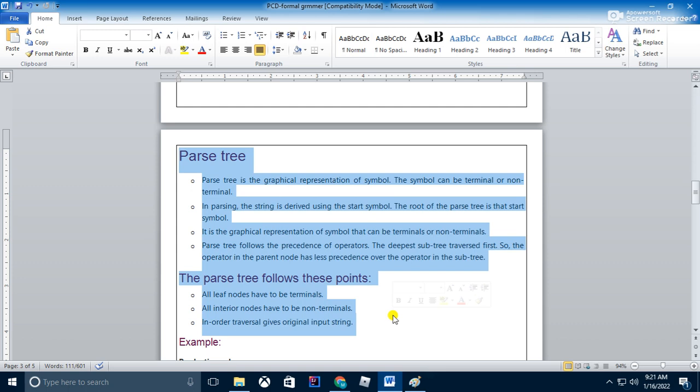Basically parse tree is the representation which is used in the syntax analyzer of the compiler phase. The input to the syntax analyzer is the set of tokens, and the output from the syntax analyzer is the parse tree. So basically the aim of the parse tree is to check whether the set of tokens generated by the lexical analyzer is correct as per the syntax of the language.